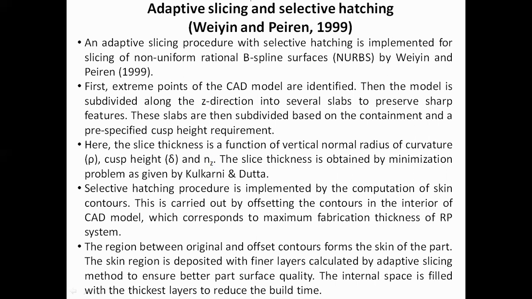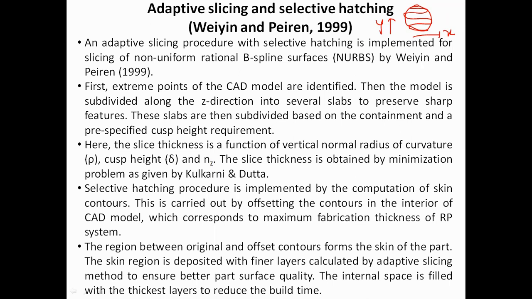Now what is hatching? This is a new term which has come. Suppose this is the contour of a layer in the xy plane. This is your x-axis and this is your y-axis. Now how will this hatch be filled? The head will actually move like this. So this is how this hatch will be filled.